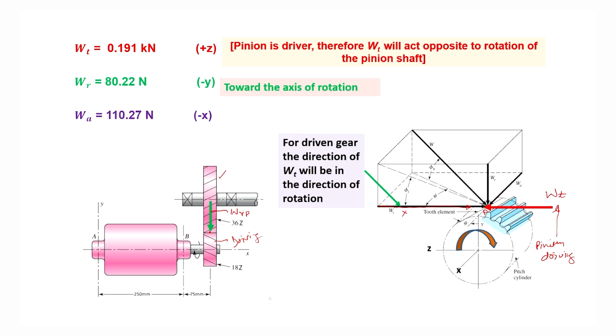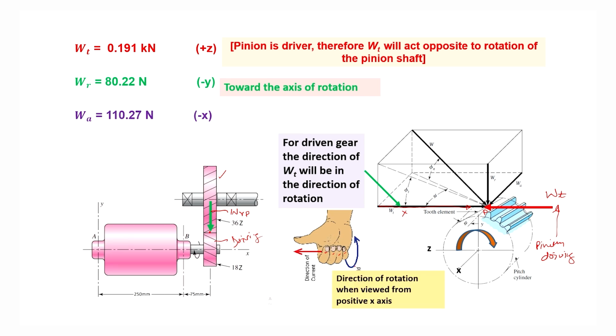Now, the axial force, determination of direction of axial force is very important. It is determined with the help of the right hand rule. That means, if we take our right hand and these fingers are folded in the direction of rotation of that particular gear, then the thumb shows the direction of the axial force.